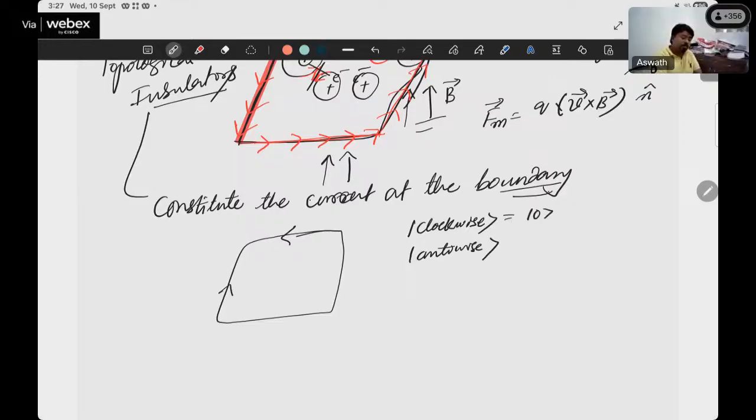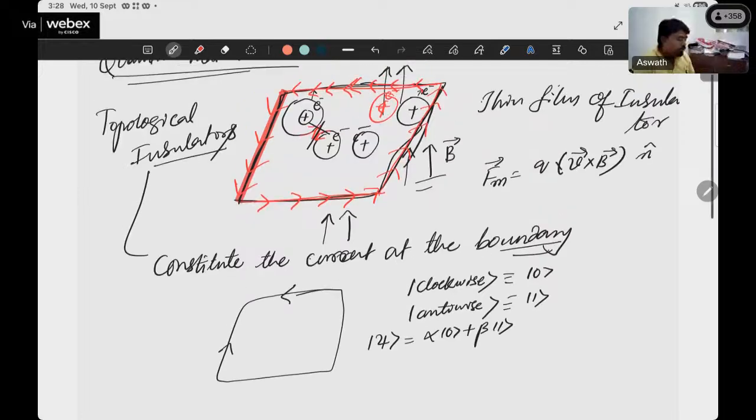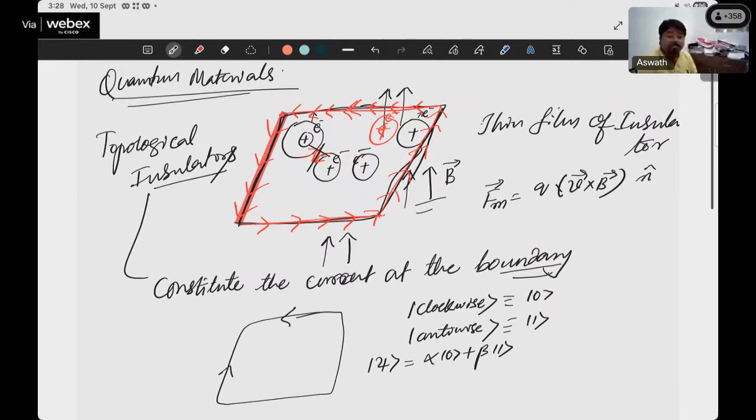This is like a 0 and 1 bit. Since it's quantum in nature, there are chances of the current being in both directions. So I'll have a quantum qubit state from the topological insulator: alpha 0 plus beta 1. So this is the topological insulator showing the quantum qubits.